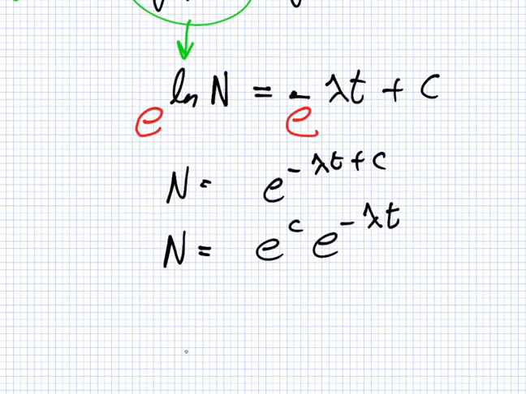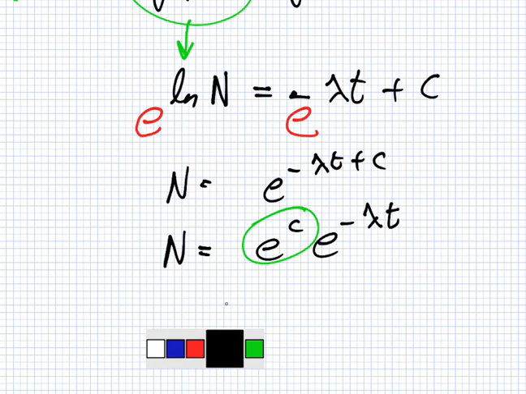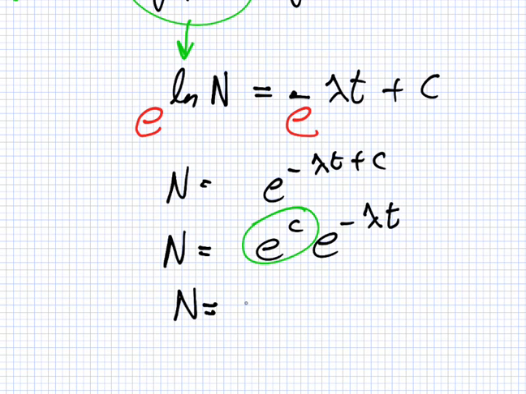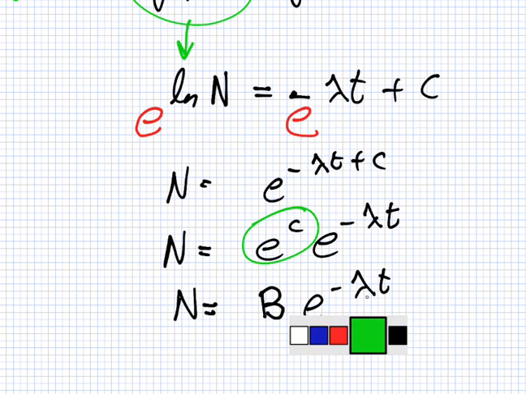And this e to the c here, I can rewrite it as some constant b. I don't want to use constant a, why not? I'm already using it for activity, so I'll just call it b. Louise, do you remember how I can find the constant?